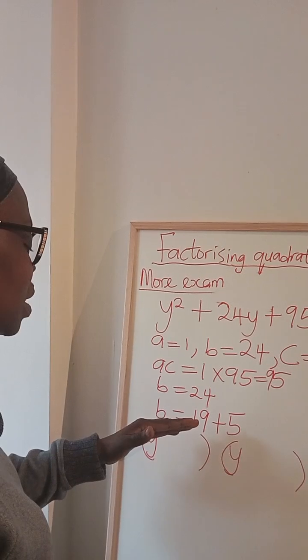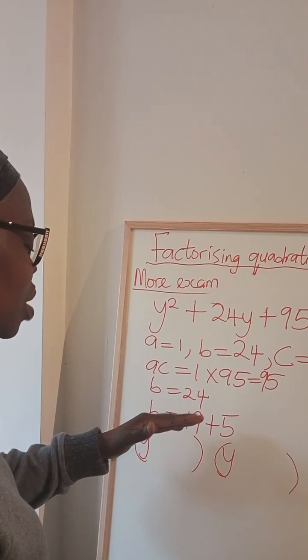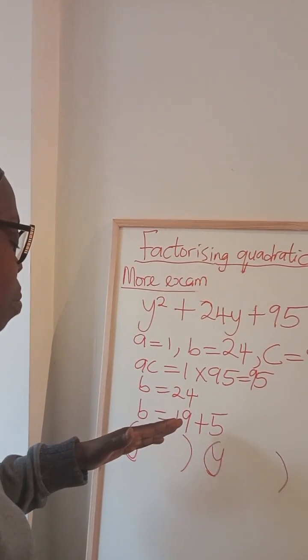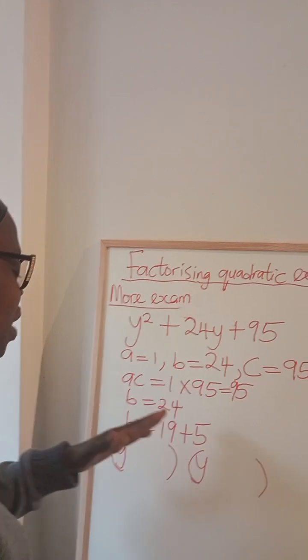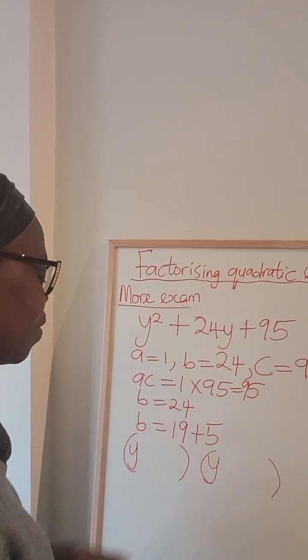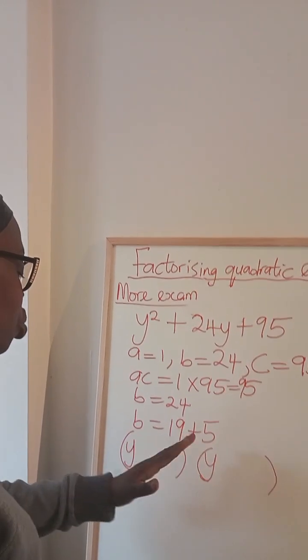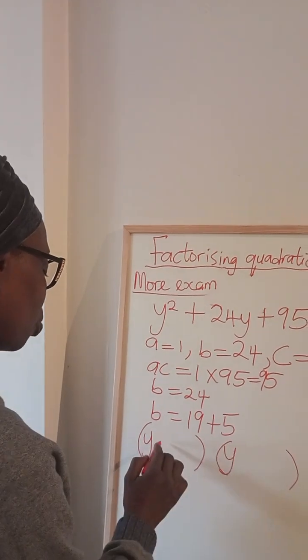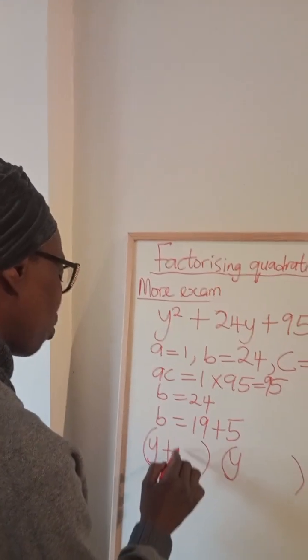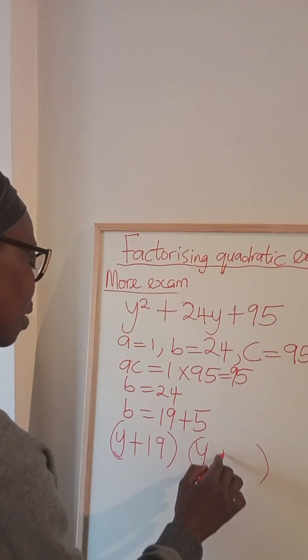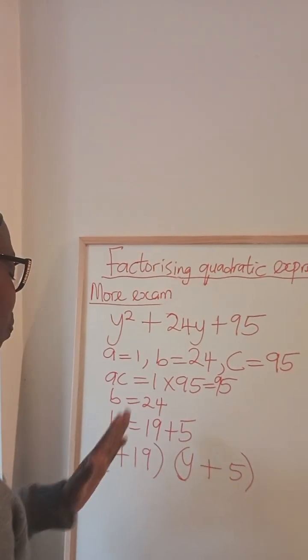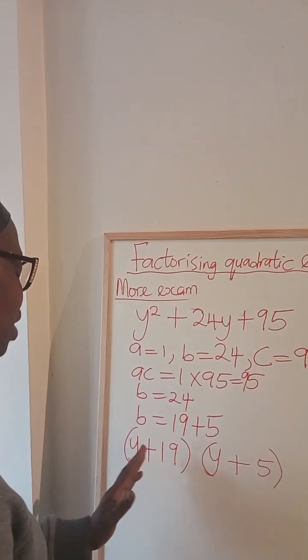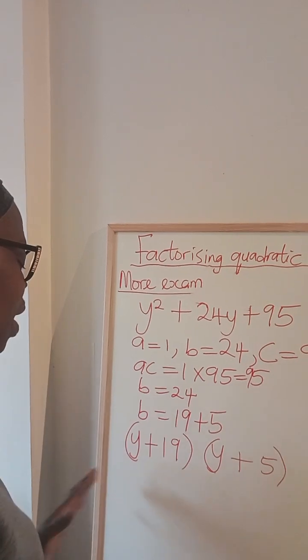The two numbers added together to give 24 and multiplied to get 95 are 19 and 5, and both are positive numbers. So we have y plus 19, y plus 5. We just pick each number and add it to the variable inside the bracket.